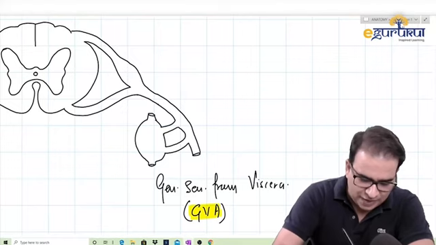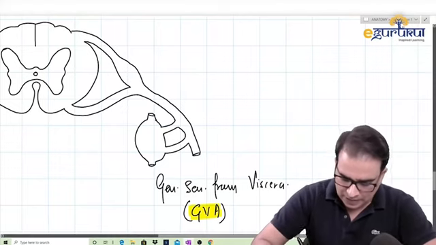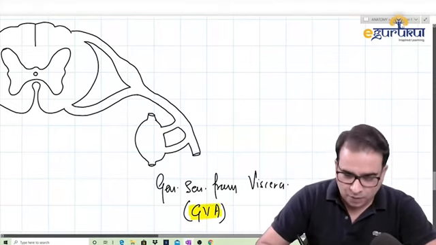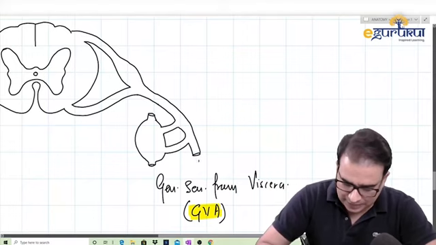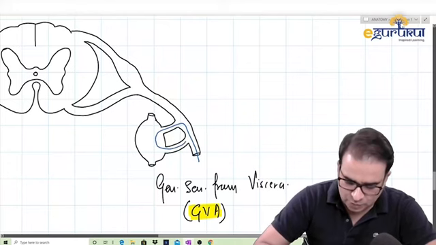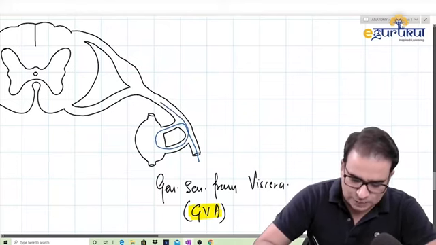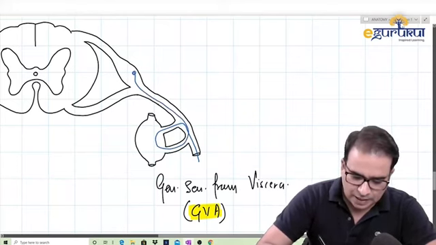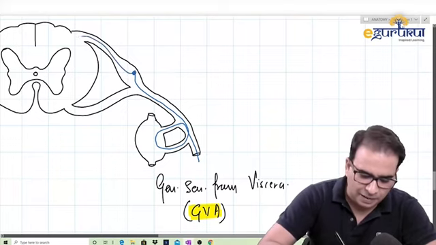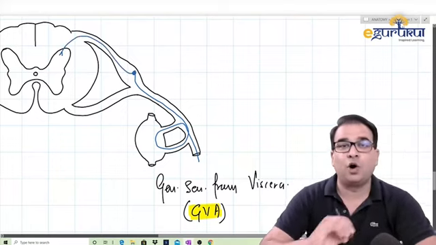Now, these GVA fibers, if I see it in this direction, will enter into the sympathetic chain through gray ramus communicans, will use the white ramus communicans, then use this spinal nerve, have their pseudo-unipolar neuron in the dorsal root ganglia, and ultimately relay into the dorsal horn of the spinal cord.